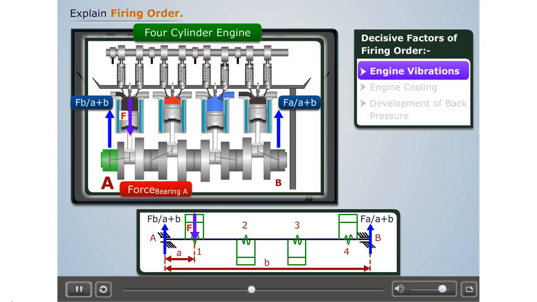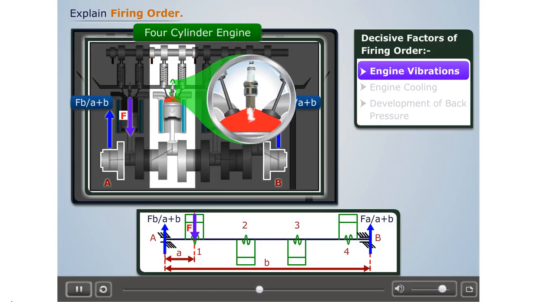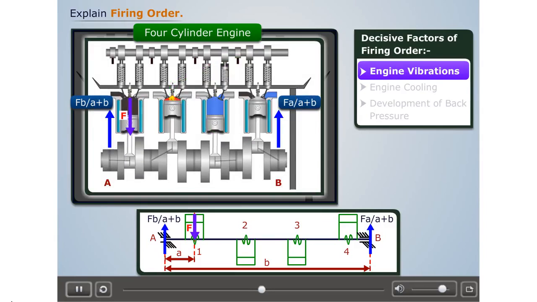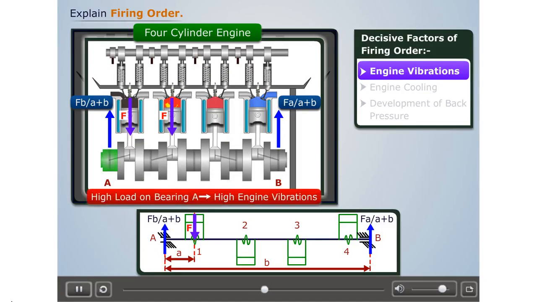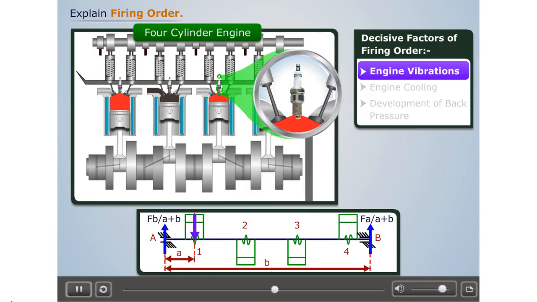Clearly, the force in bearing A is greater than the force in bearing B. So, if we fire the second cylinder next, the load on bearing A will increase, which may cause engine vibrations. To reduce this and even out the load, we need to fire the third cylinder now.